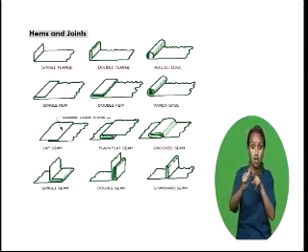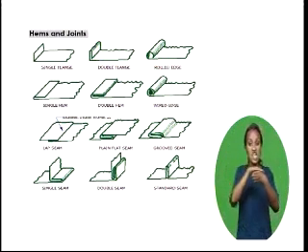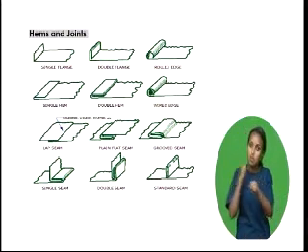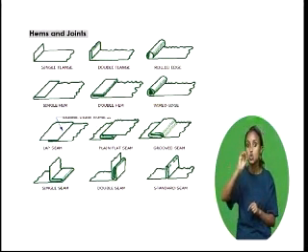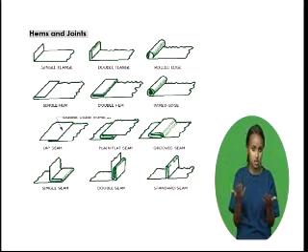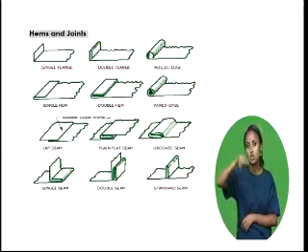Hems and joints are used to make the edge of material smooth. They are also helpful in making the material strong. Various types of hems and joints are used during the manufacturing of materials. Some of the most common types of hems and joints are shown on the screen.